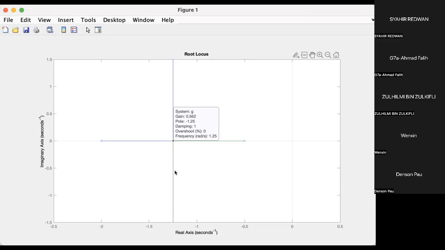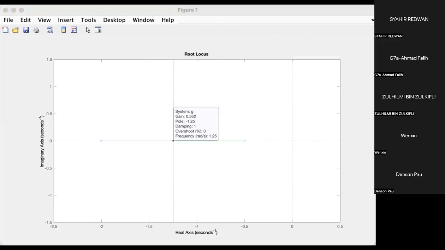Denson, what is the value of the breakaway point? The breakaway point actually is the pole, the closed loop poles. Negative 1.25.